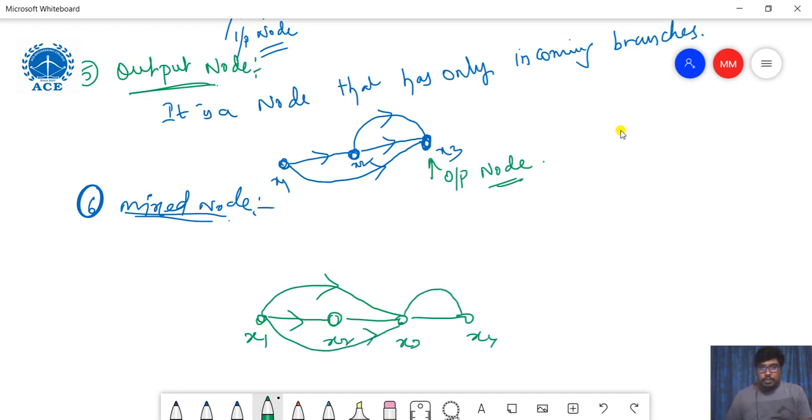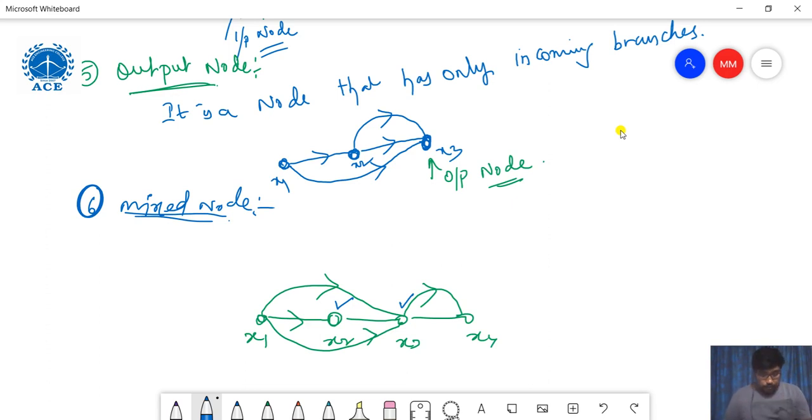Then, can I say this one is a mixed node, this one is a mixed node? Because a mixed node is nothing but a node that has both incoming and outgoing branches, simply. Okay, so then they are called mixed nodes.